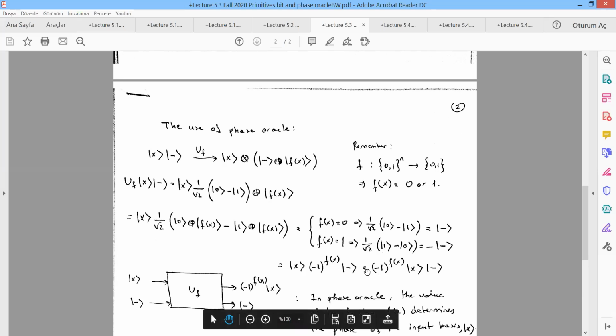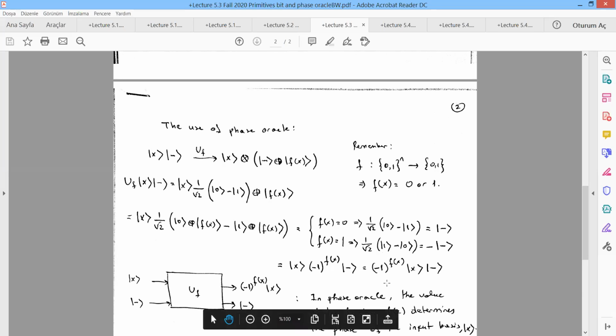So we can bring (−1)^f(x) out because this is just a multiplication factor. This is just a phase. This value, remember, is either a 0 or a 1, so we can take it out of this tensor product.